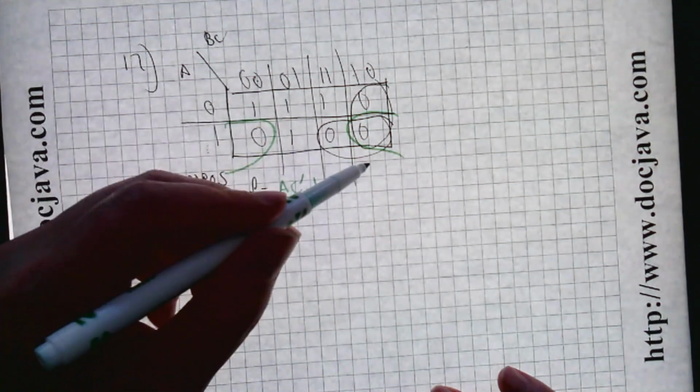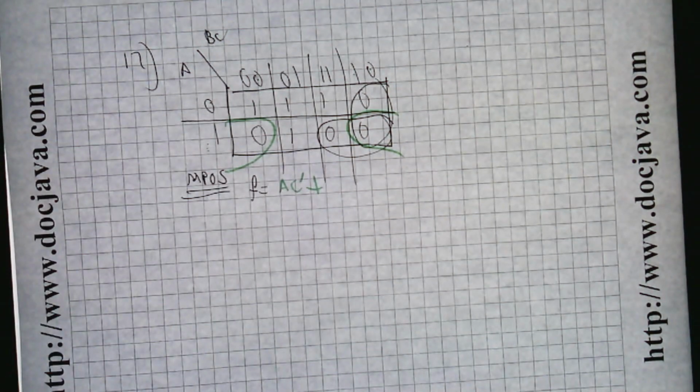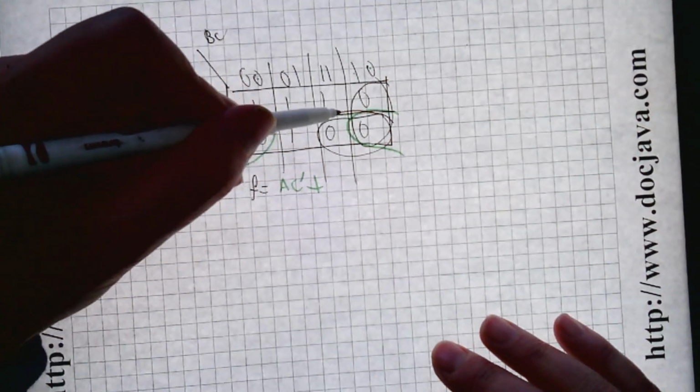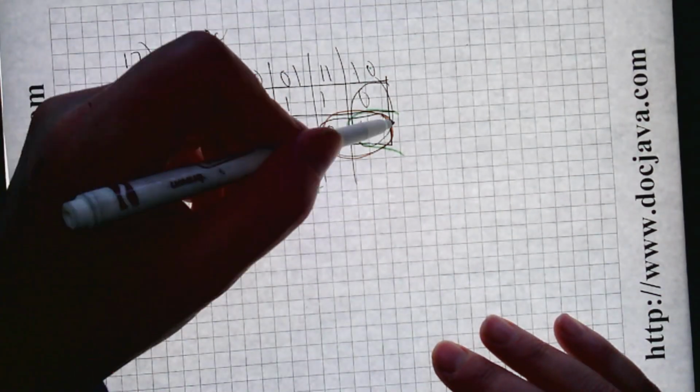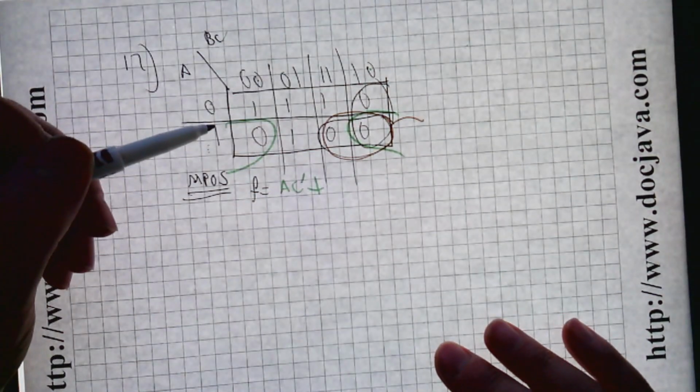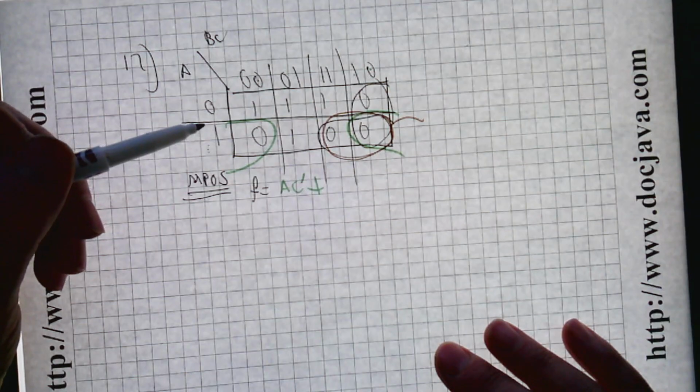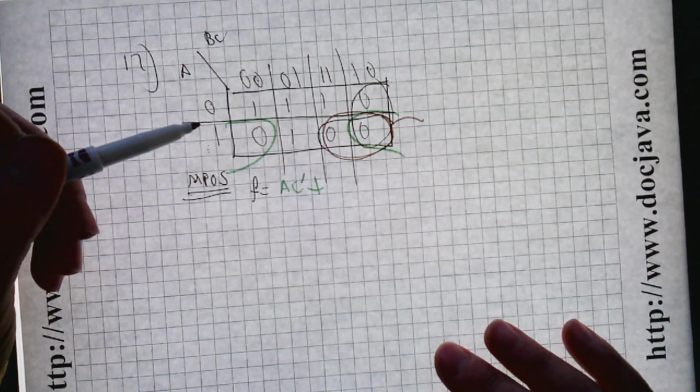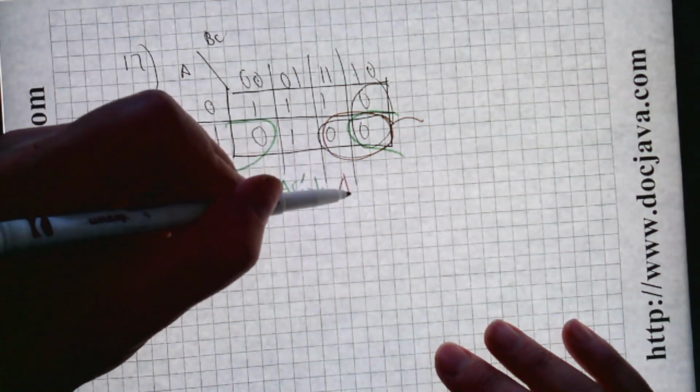Or, and then let's do the brown loop right in through here. What would that be called? AB.